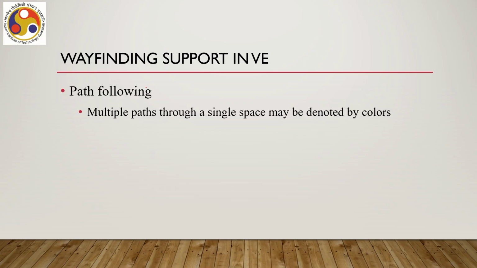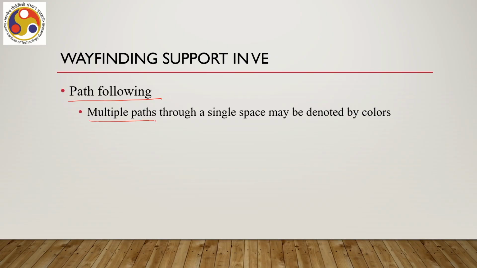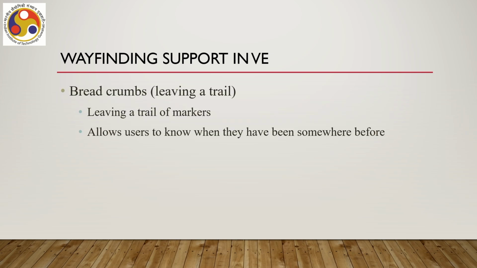Another way the wayfinding can be supported is through path following, that is, multiple paths through a single space may be denoted by colors, so that the user knows that there are different paths to reach a destination. Breadcrumbs can provide another kind of support. The idea is to leave a trail of the path followed by the predecessors, a trail of markers which allows users to know when they have been somewhere before, so that the user does not get lost.